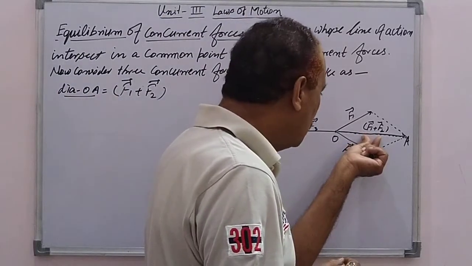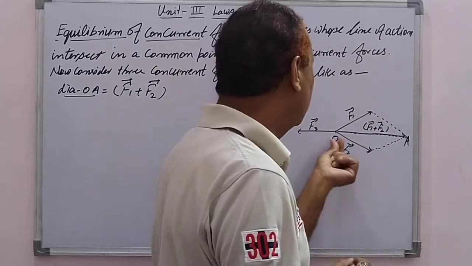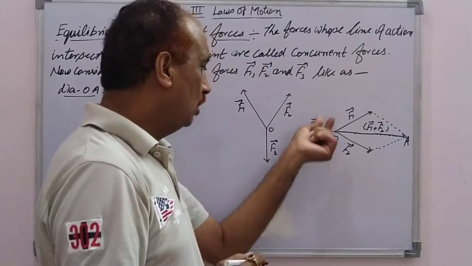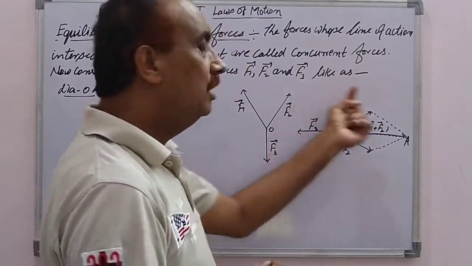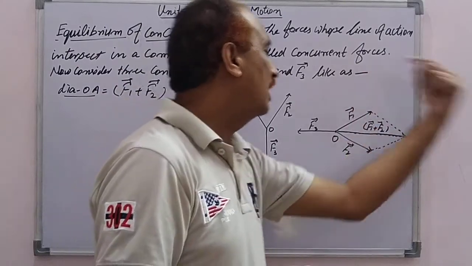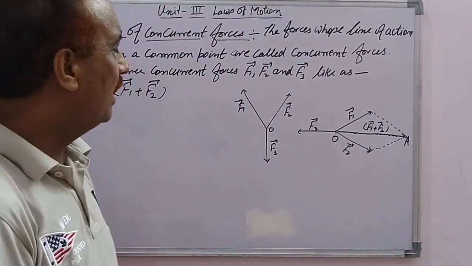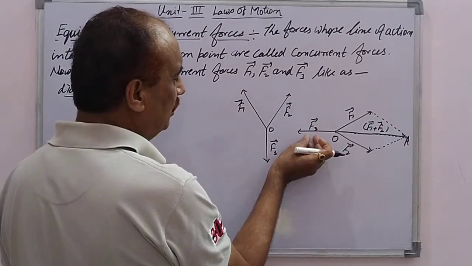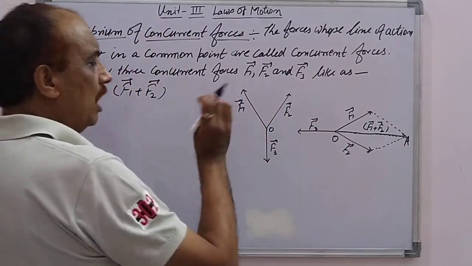Now the force acting in the opposite direction of OA is F3. If the forces are in equilibrium, the resultant of F1 and F2 along OA will be counterbalanced by the force F3 acting in the opposite direction.